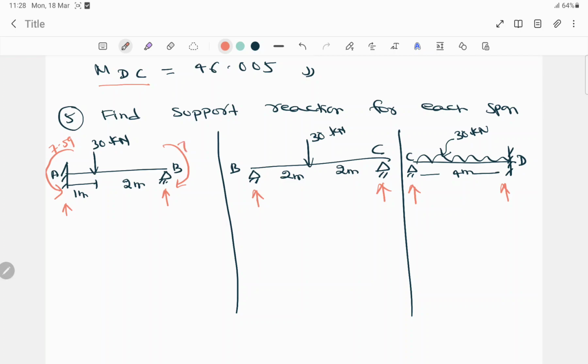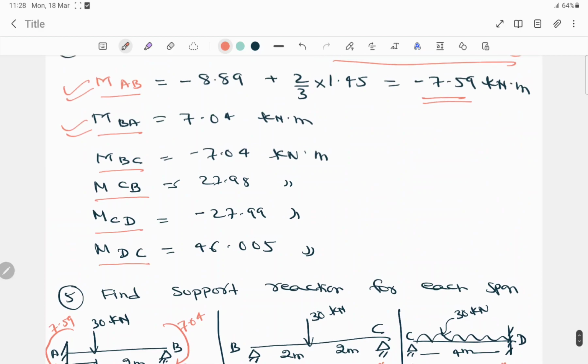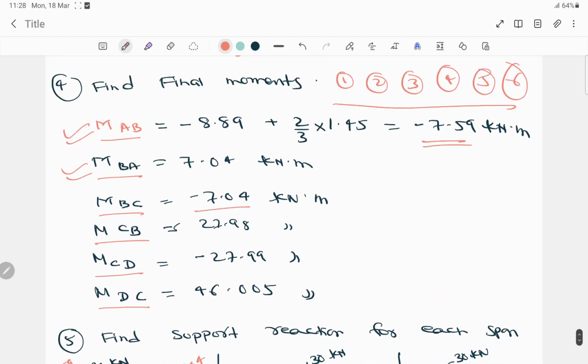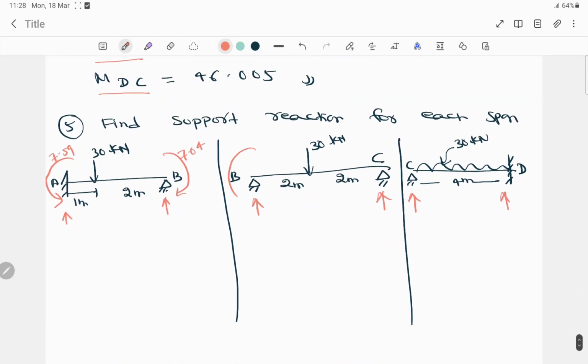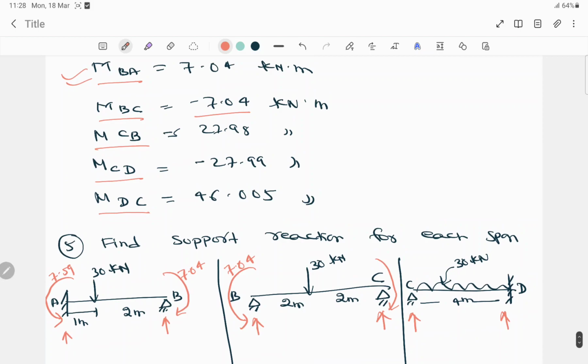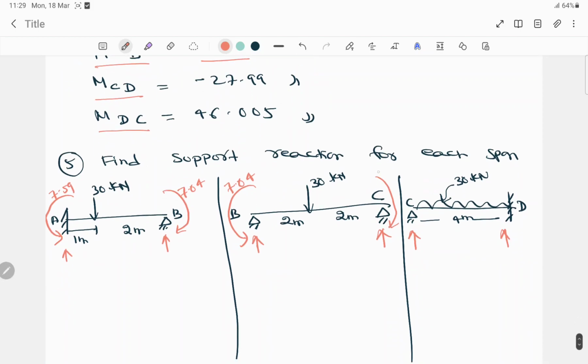So here 7.04. Now again from B to C, minus, so anti-clockwise 7.04, and here C to B, that means 27.98, and positive means clockwise, 27.98. Now again here also it's the same.